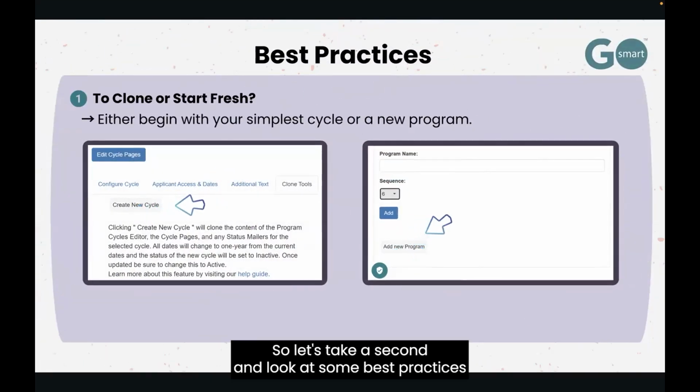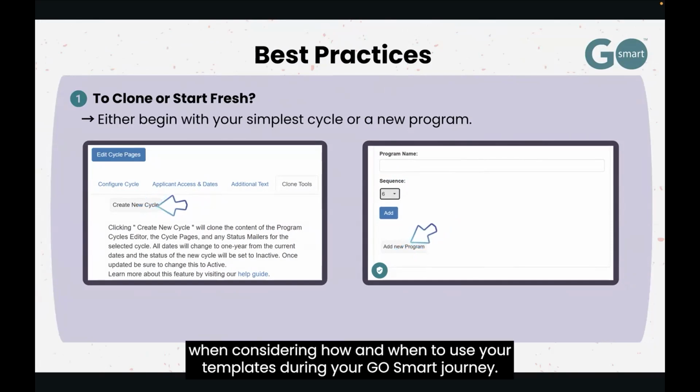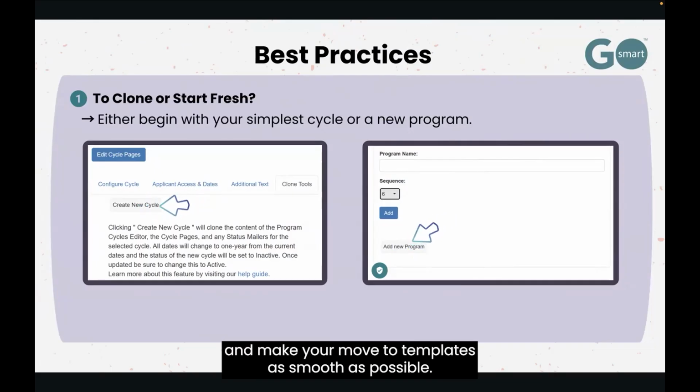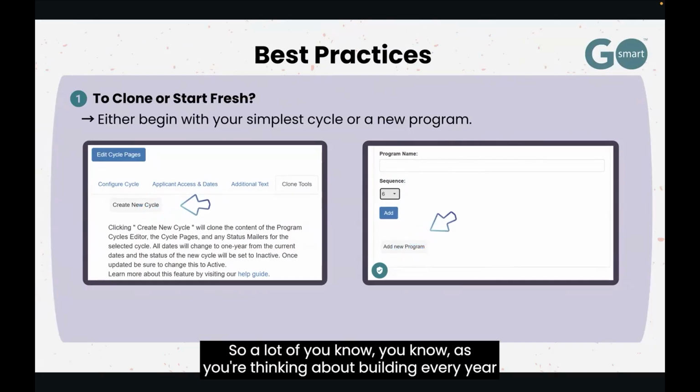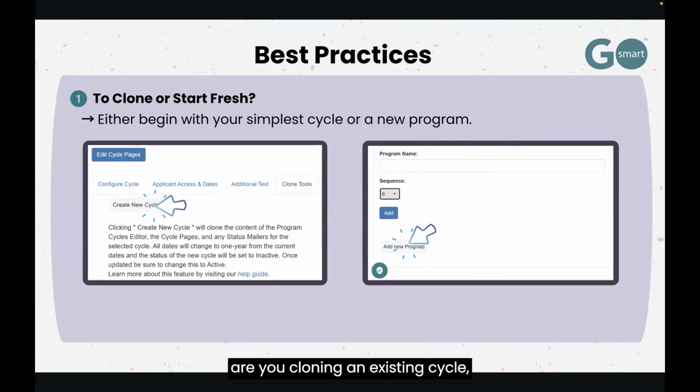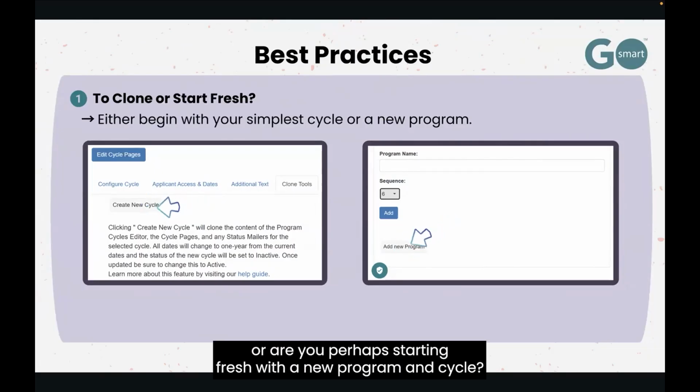So let's take a second and look at some best practices when considering how and when to use your templates during your GoSmart journey. We hope these tips will keep your setup clean and make your move to templates as smooth as possible. As you're thinking about building every year and how templates will now help with that process, you'll probably first consider: are you cloning an existing cycle or are you perhaps starting fresh with a new program and cycle?